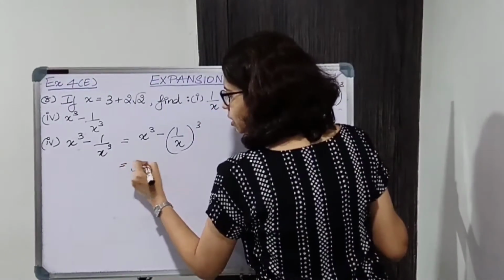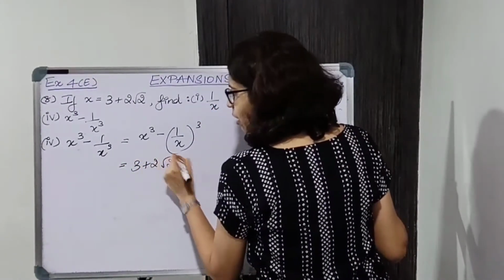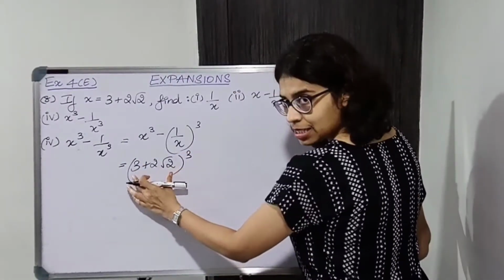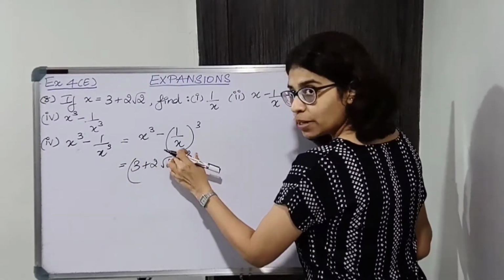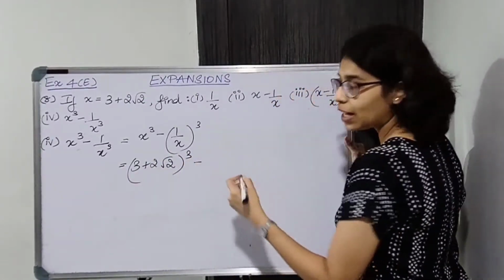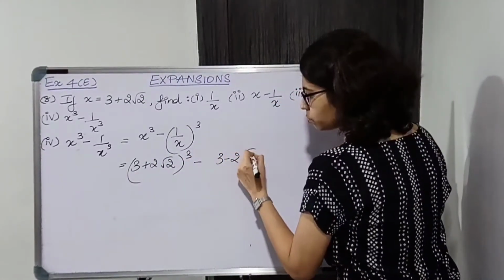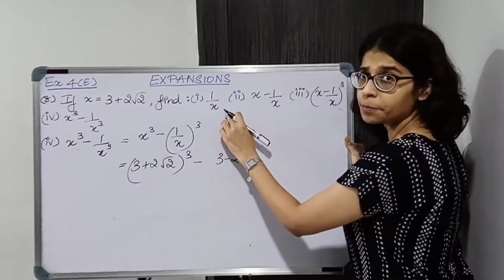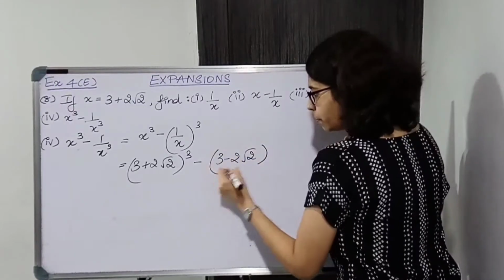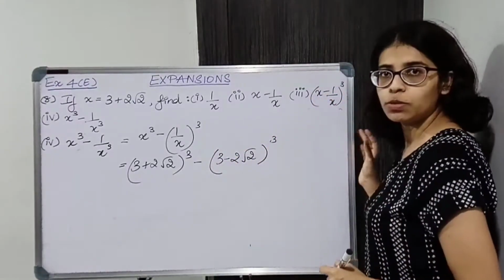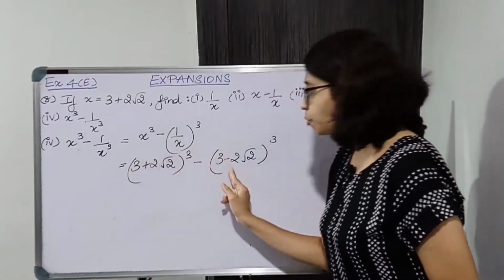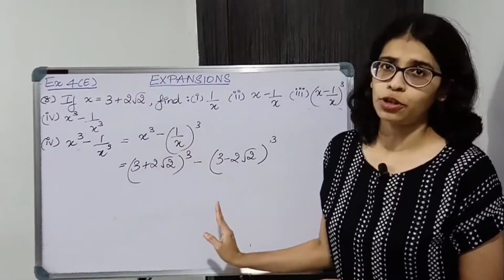X ka value is 3 plus 2 root 2, so cube the whole thing. This is the value of x. So x cube hai, so cube the entire thing. Minus 1 upon x ka value is 3 minus 2 root 2, we got it in the first part. So 3 minus 2 root 2, put brackets, cube. So we just substituted the values of x and 1 upon x.